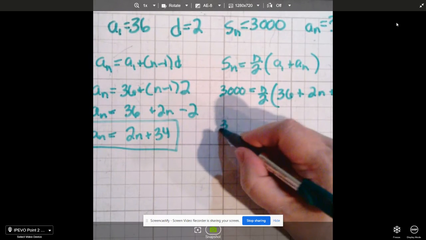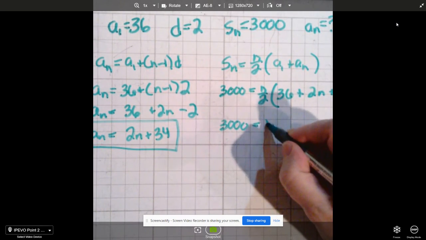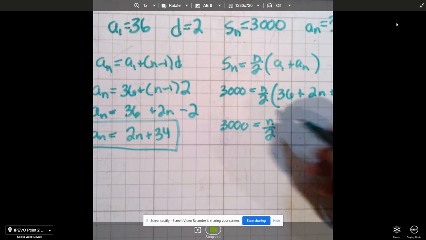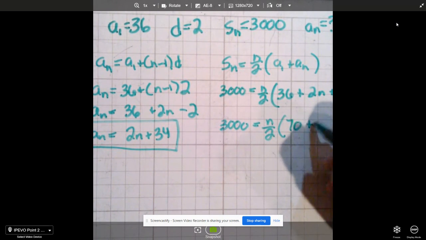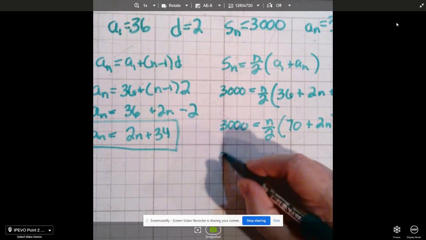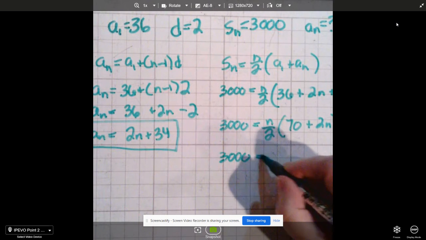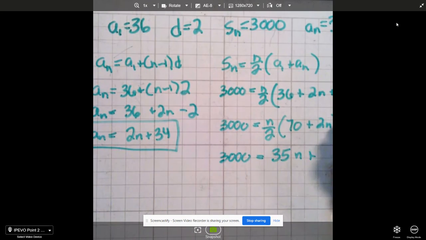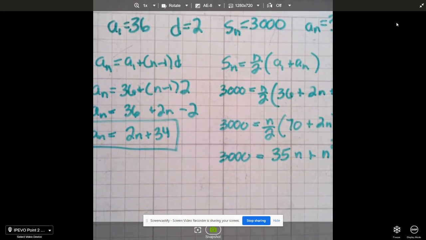All right, let's go ahead and simplify this equation. So 36 and 34, that will be 70 plus 2N. And I can go ahead and distribute this. This will be 3,000 equals 35N plus, this will be 2N squared over 2, so it'll just be N squared.